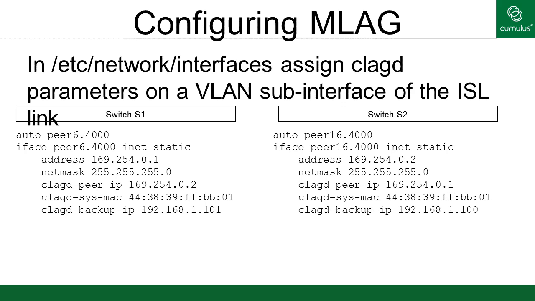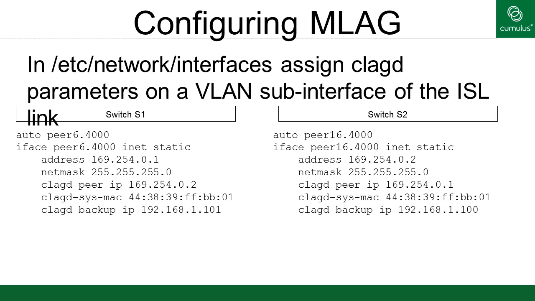The second required parameter is the system MAC address. This is a MAC address that will be used on all the bonds so that the partner, the servers, will see them as the same system. And also this will be used as the bridge ID in spanning tree.